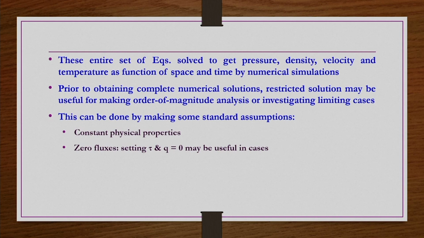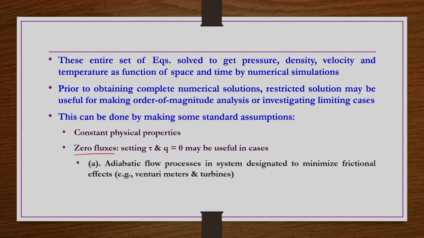Examples of 0 fluxes are adiabatic flow processes in systems designed to minimize frictional effects, like venturimeters and turbines, and high speed flows around streamlined objects.